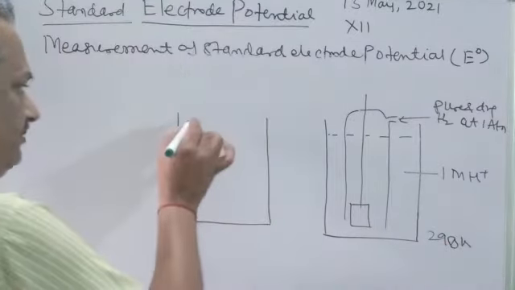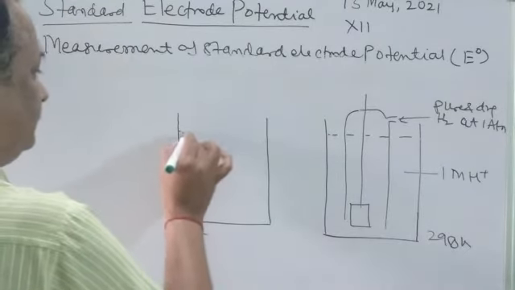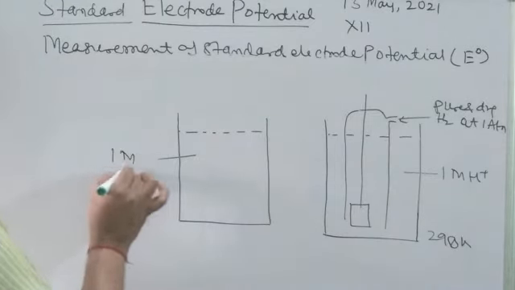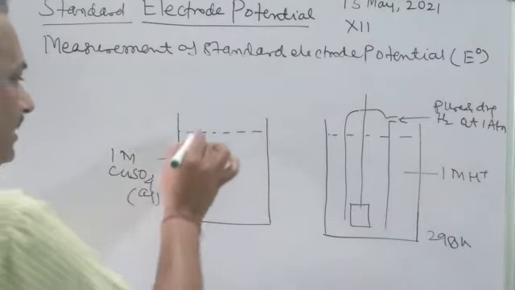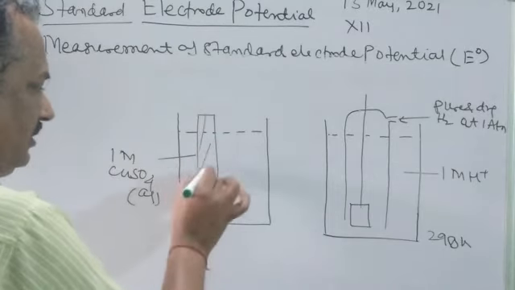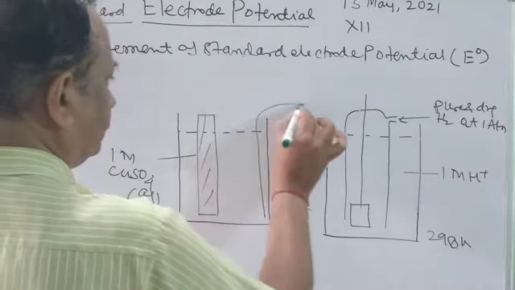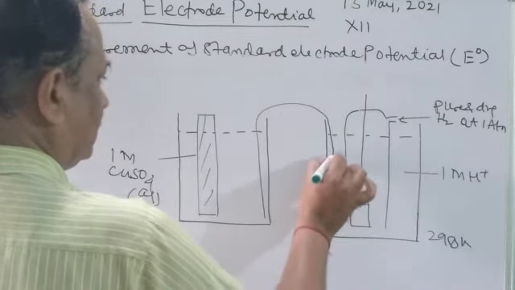Just a quick revision. And here this is 1 M copper sulfate solution. Here there is a copper electrode. This is the salt bridge.